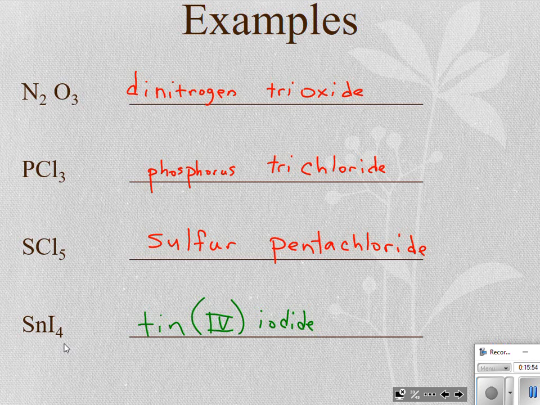That's the big deal. I need to ask myself every time I'm doing these, do I have 2 nonmetals, or do I have a metal and a nonmetal or a polyatomic? Anytime we're dealing with polyatomics, it's going to be ionic because literally they are called polyatomic ions. Okay?